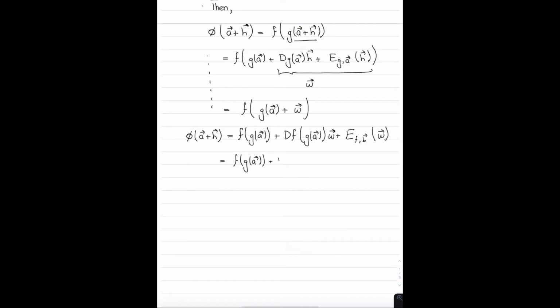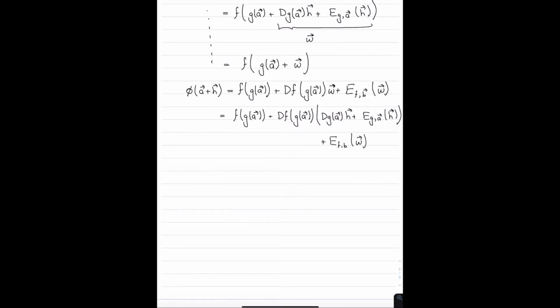So plus the derivative of f evaluated at g of a, and then we know that the vector w is equal to the derivative of g of a times the vector h plus an error term g comma the vector a evaluated at h, and then we have this error term of f, and this one is evaluated at w.